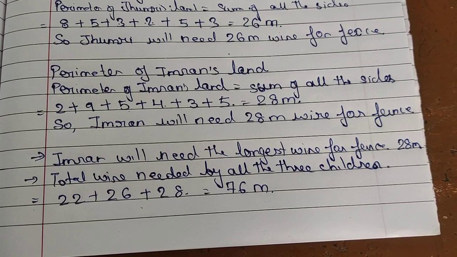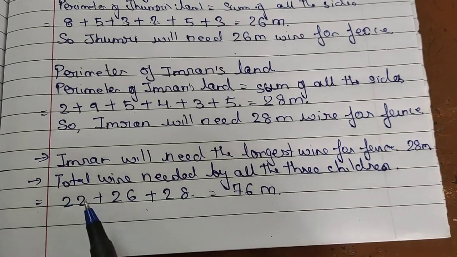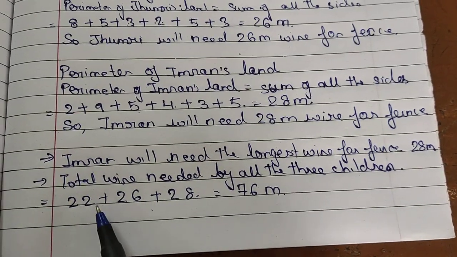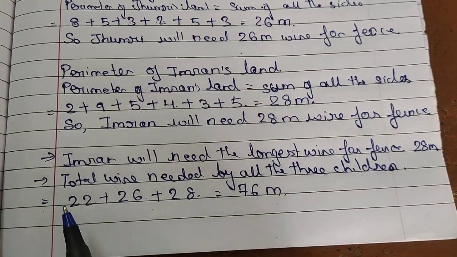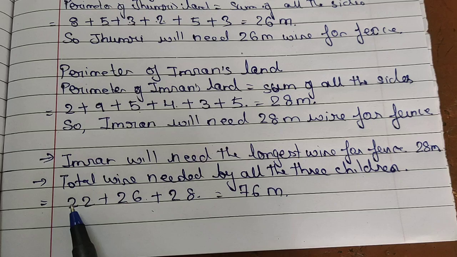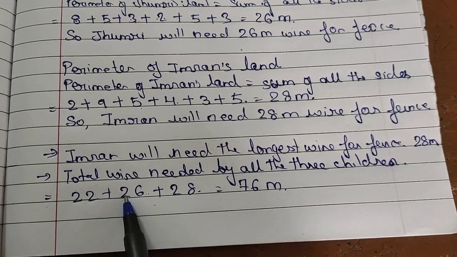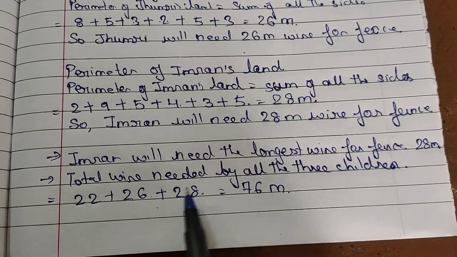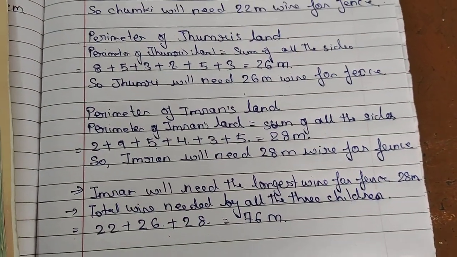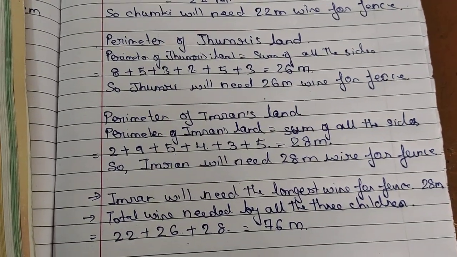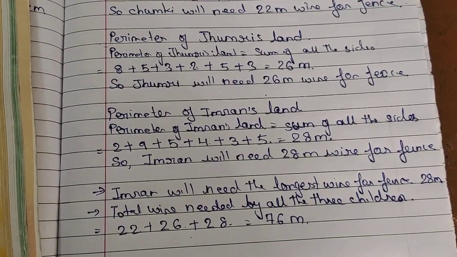So a 76 meter long wire is needed by all the three children to fence their land.